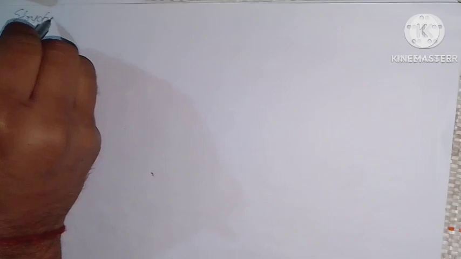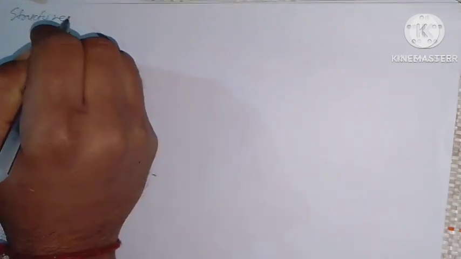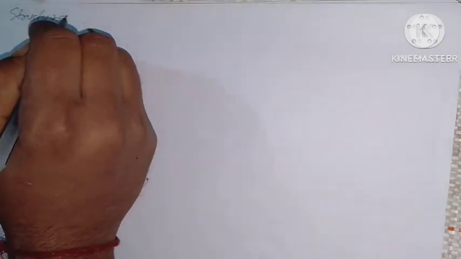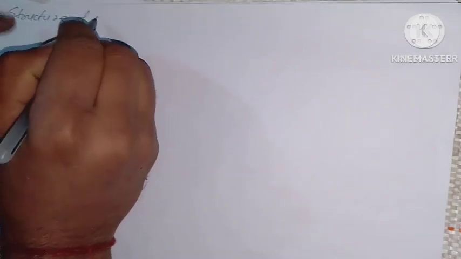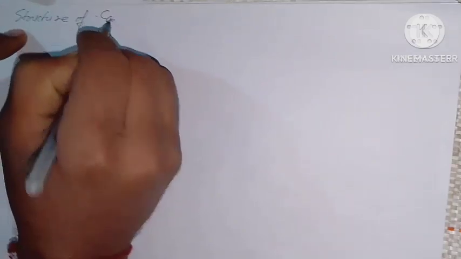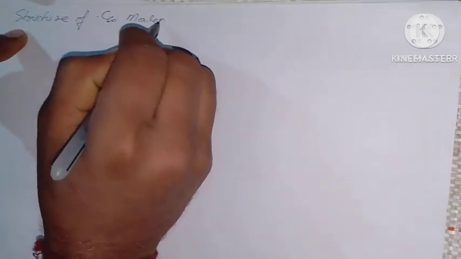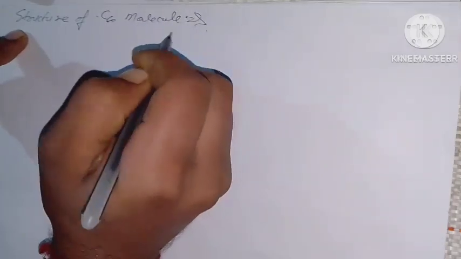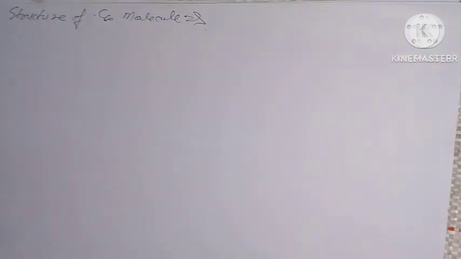Structure of carbon 60 molecule. The most common fullerene, carbon 60, looks like a soccer ball.